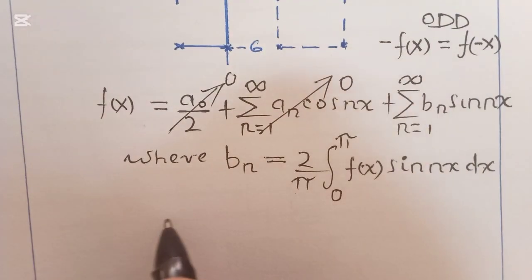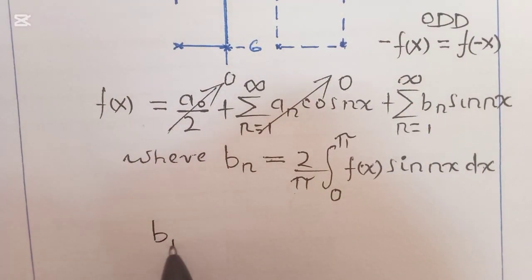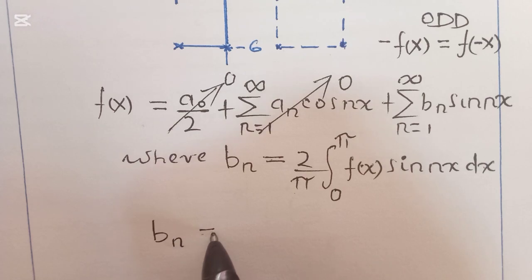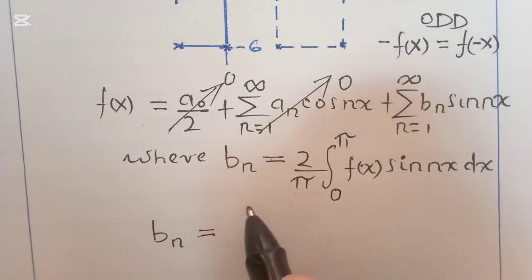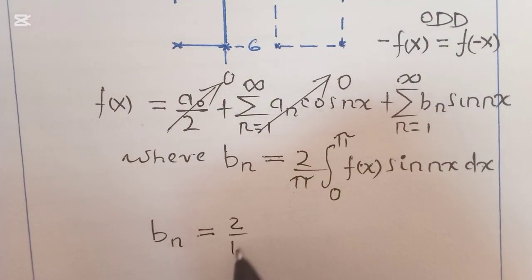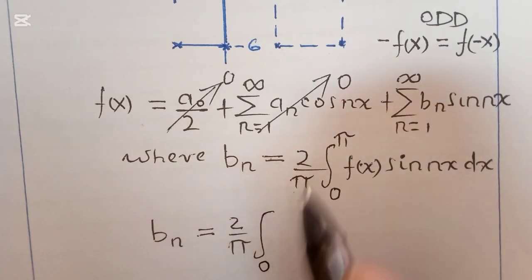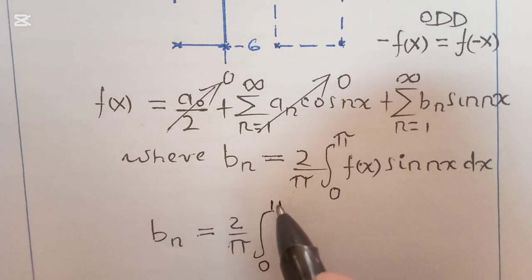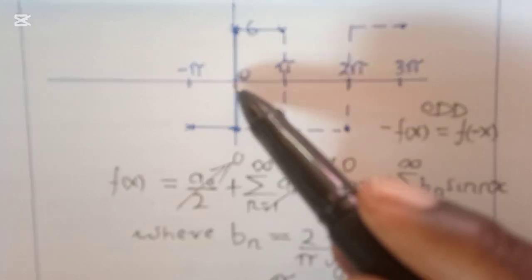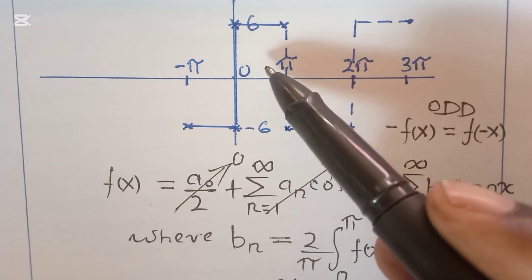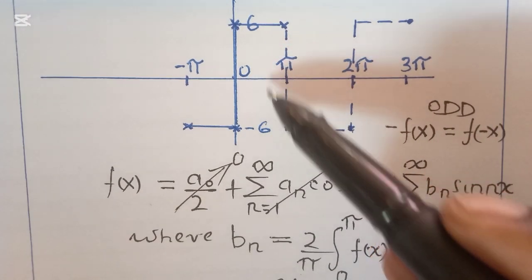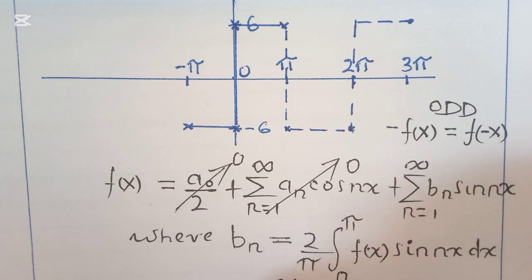So the Bn is going to be equal to 2 all over pi, integral from 0 to pi, that is from this point to that point. Because this is half of the period, we multiply by 2. That's why we have multiplied by 2 there.